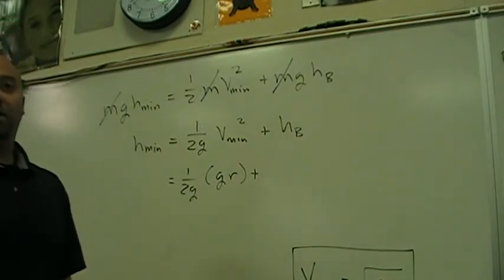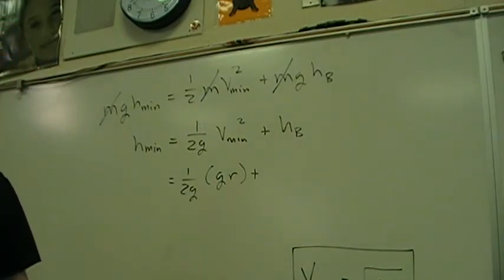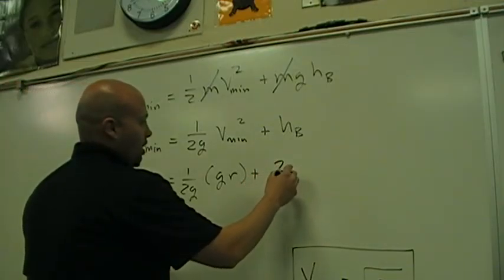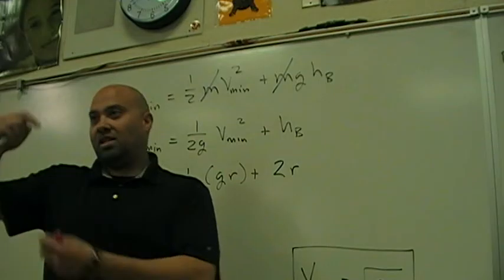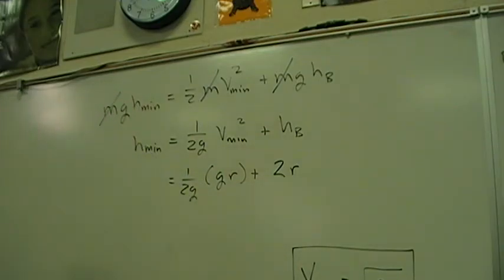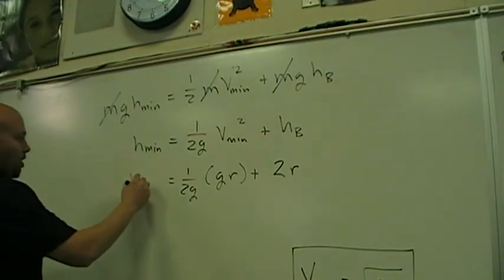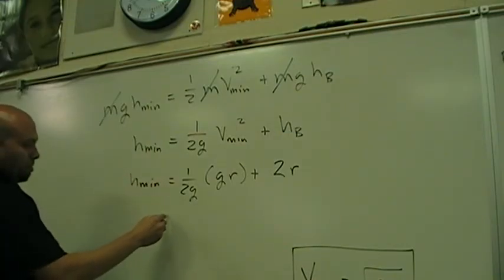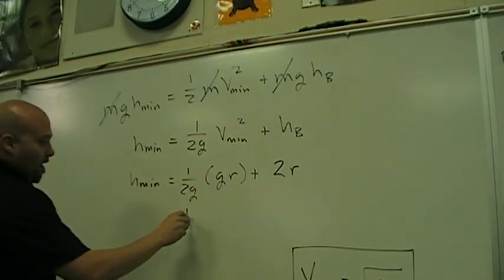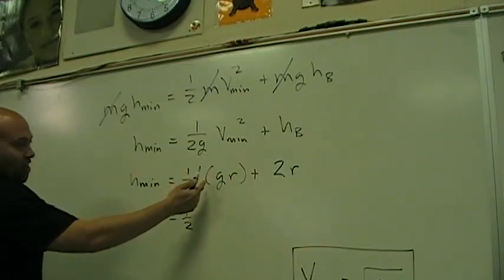It's the height at the top of the circle, but what is that? 2R. Right? Because it's the diameter of our circle. Diameter is 2 times radius. So this is H min. From the last time we ever had to use diameter. So we have 1/2. The G's cancel out.